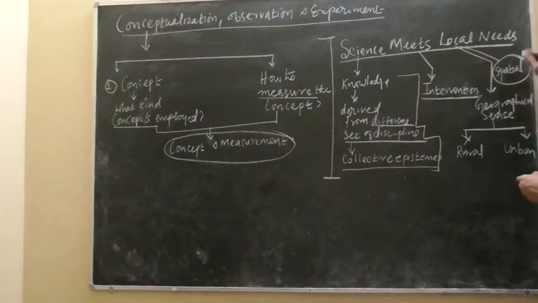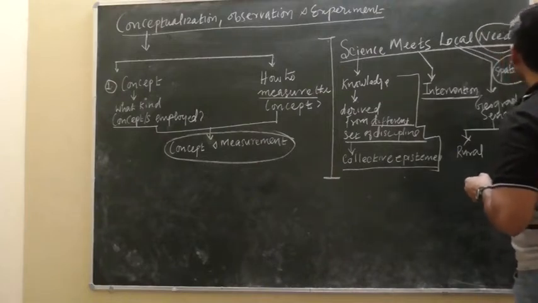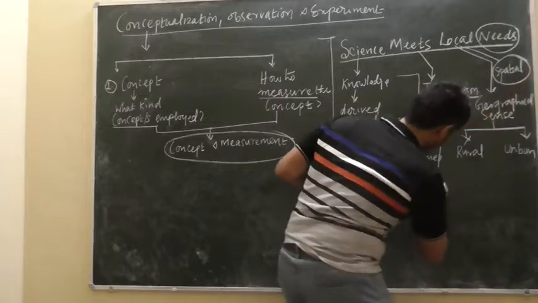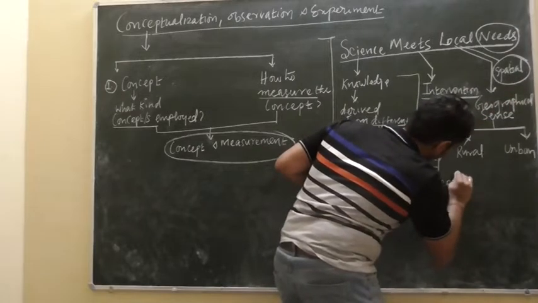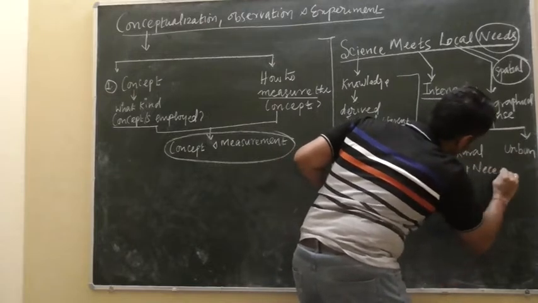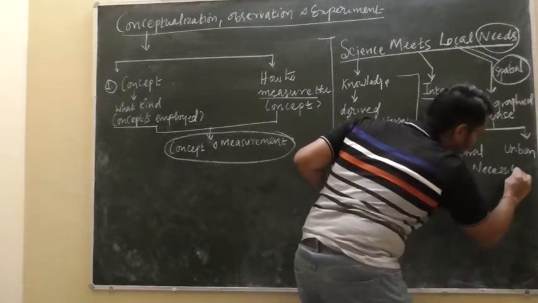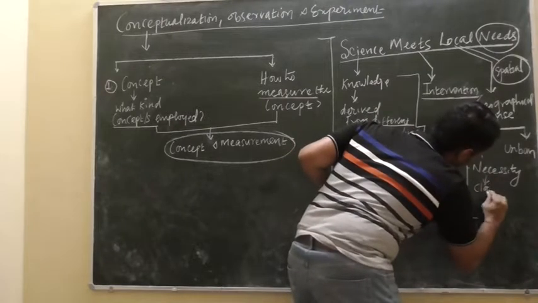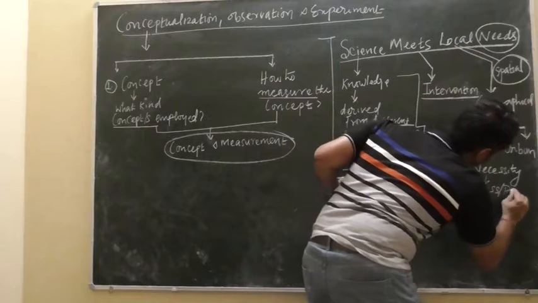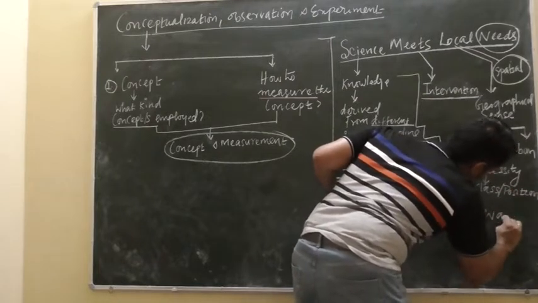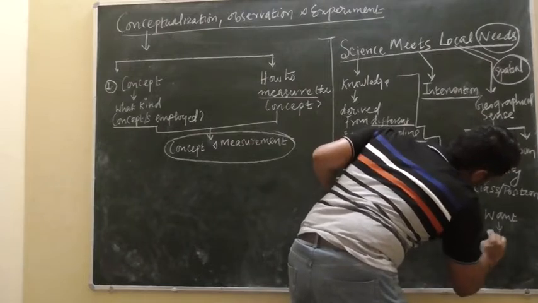The needs are in terms of the requirement. Then we try to make this need into what is necessity. The necessity is always defined in terms of class or certain position, and then want is a desire.